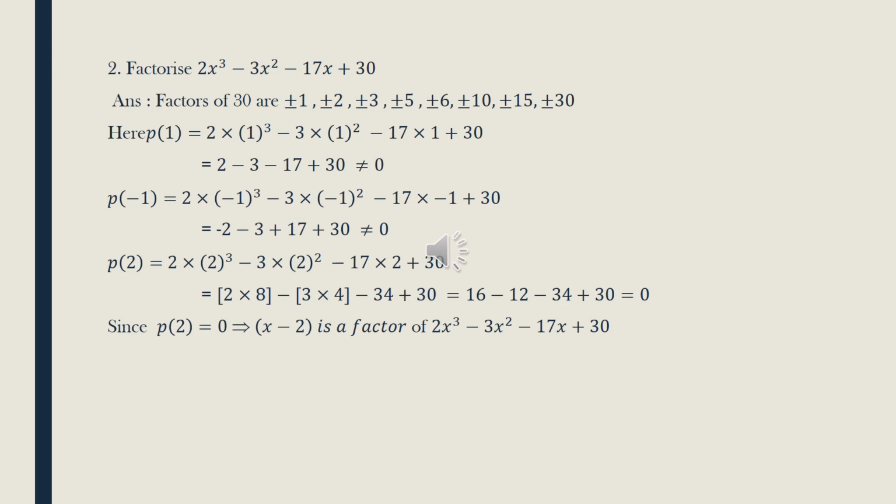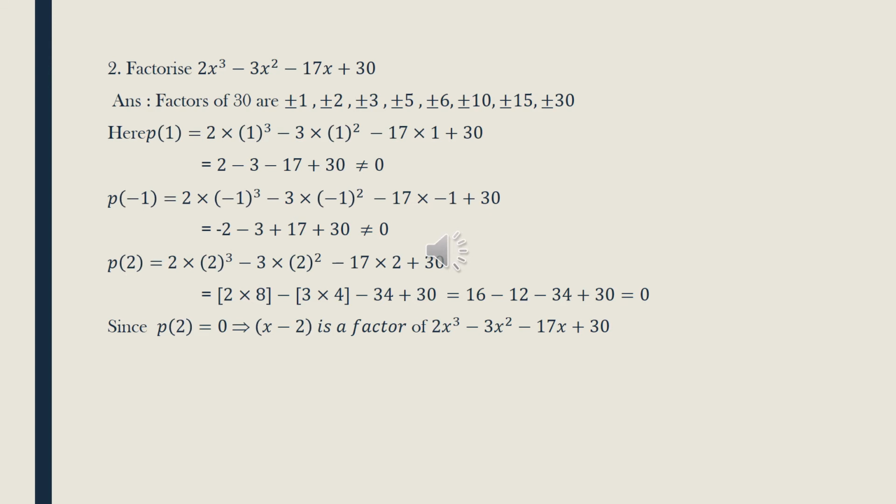By giving x is equal to 1 in the polynomial, we have 2 into 1 cube minus 3 into 1 square minus 17 into 1 plus 30, which is equal to 2 minus 3 minus 17 plus 30, which is not equal to 0.